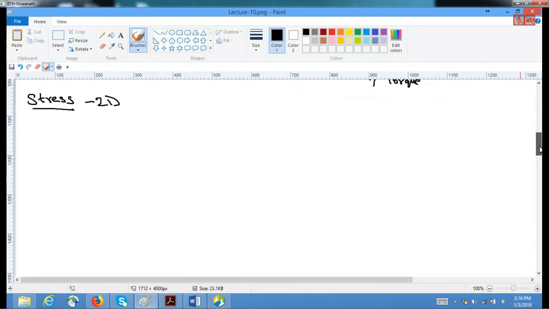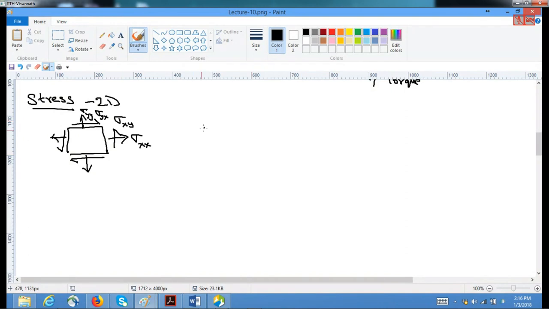The biaxial state of stress can be defined as follows: if you have a single piece of a quad, this is sigma xx, this is sigma xy, this is sigma yx, this is sigma yy, and so on. All other components can be written.